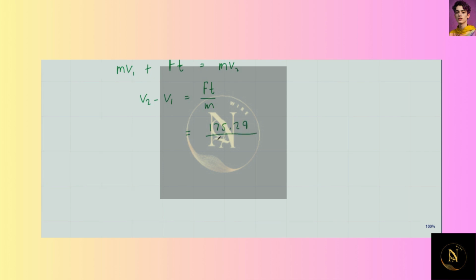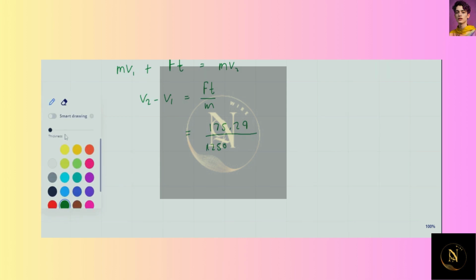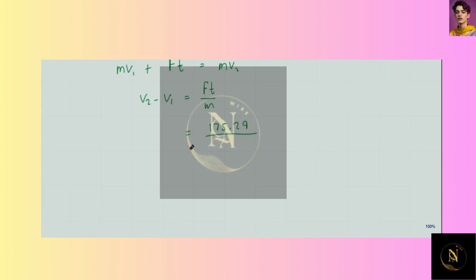And the mass of the cab and the blades together is the sum of the two, which is 1250, the weight, over g, which is 32.2, plus 4 times the mass of the blades, which is 55 over 32.2.